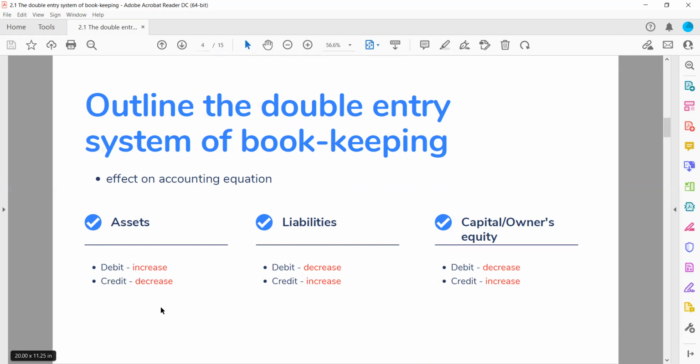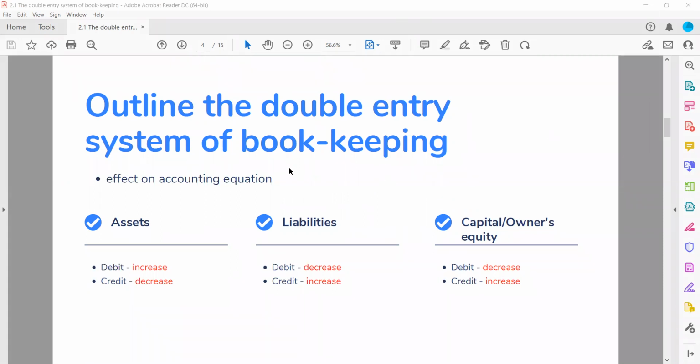When it's credited, it decreases the value. Liability: debit decreases, credit increases. Capital and liability have the same direction: debit decreases, credit increases.